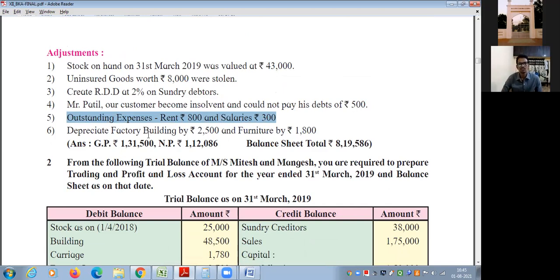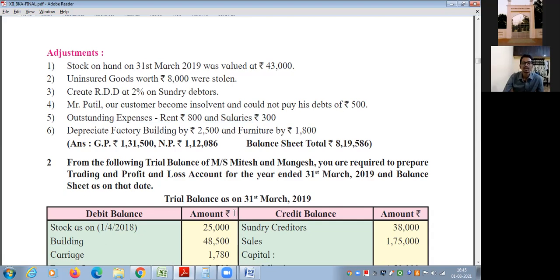Outstanding means we have to pay this amount in the form of rent and salary, which is pending. We did not make the payment during the current year. So the rent of rupees 800 outstanding we have to show on the liability side, and salary of rupees 300 we again show on the liability side, and this amount will be added on the profit and loss account in rent 800 and salary rupees 300.